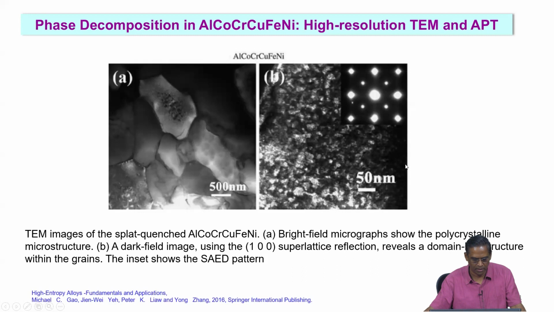Inset shows the SAD pattern. So, this 100 is a fundamental reflection, and then you have superlattice spots, and one of the superlattice spots is being used to generate this image, which shows kind of white patches, that means domains in that matrix.